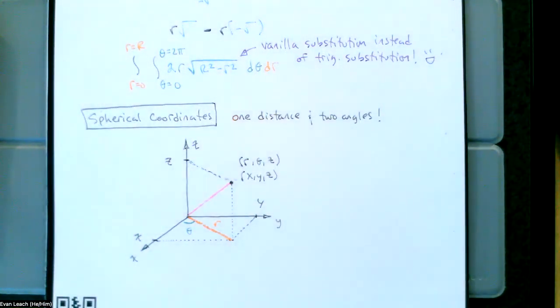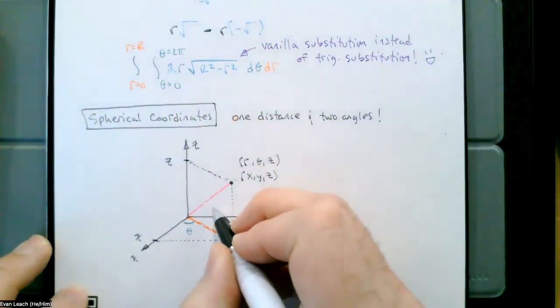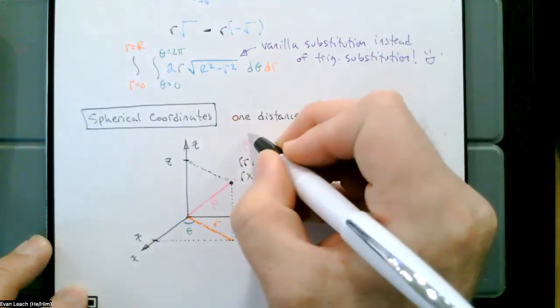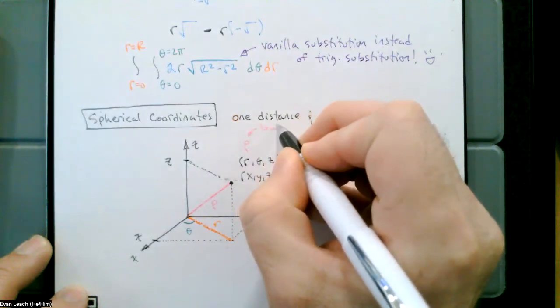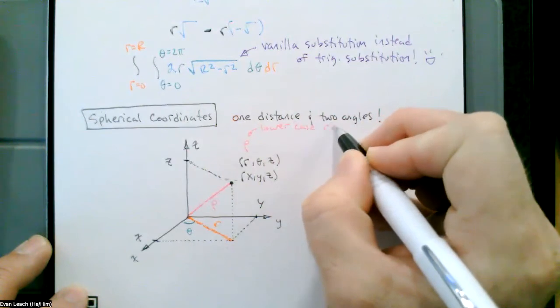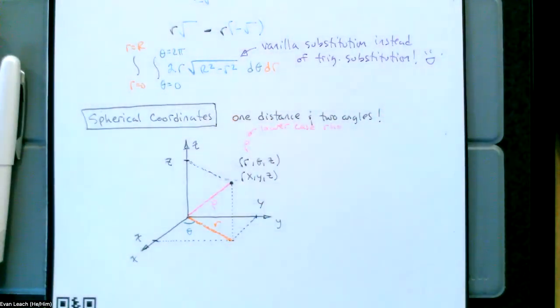Rho is going to be the distance from the origin to the point. That's the one distance we get. It's where we have to put the distance. So our first coordinate is going to be the distance from the origin to the point. And for that, we're going to use a lowercase rho.